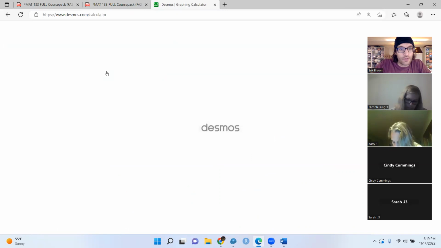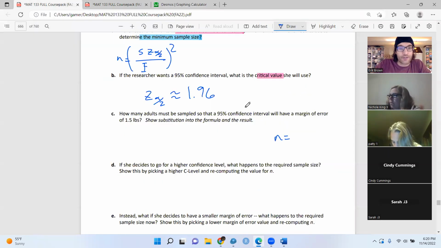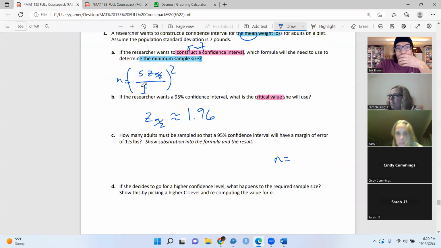Well, what'd y'all have for standard deviation? .15. Oh, that's a margin of error. No worries. Oh, 7. So, yeah, 7. This one's a little tricky, right?